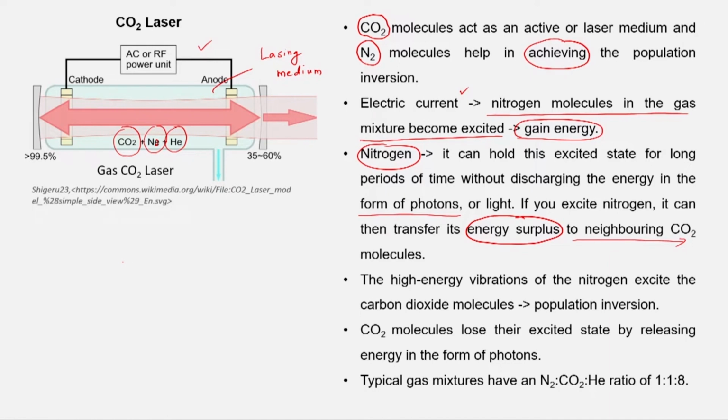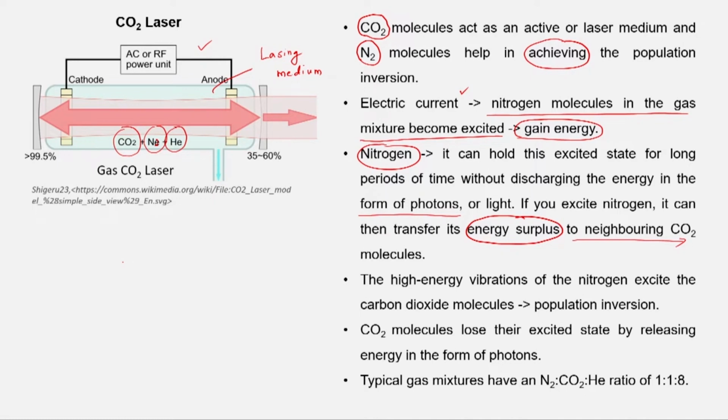But the metastable or excitation state for CO2 is not as long as that of nitrogen. So, naturally the CO2 molecules will decay, they will come to the ground state through intermediate states, and during the decaying operation they release photons.